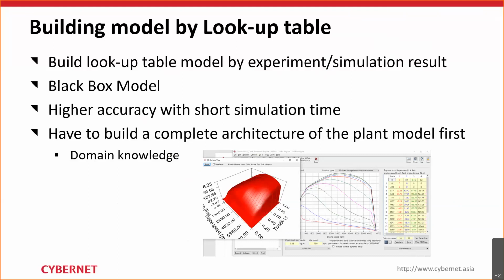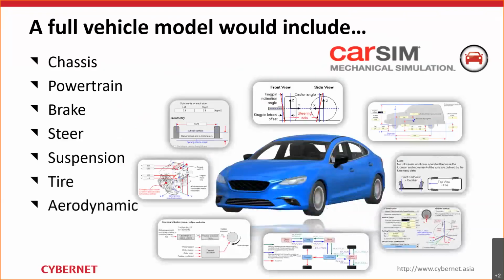The only question now is we have to build a complete architecture of the plant model first. We need domain knowledge. However, some simulation tools have helped us to conquer this problem. CarSim is one of the simulation tools that can solve this problem.